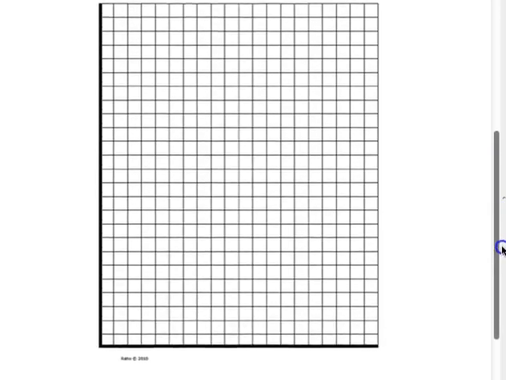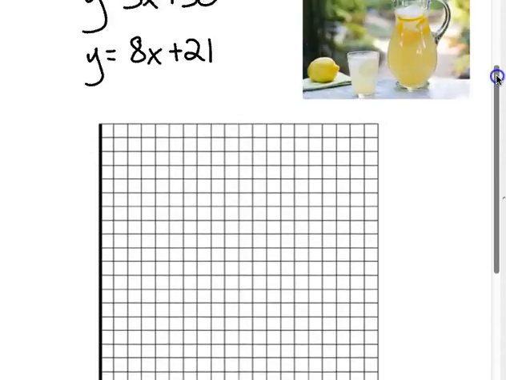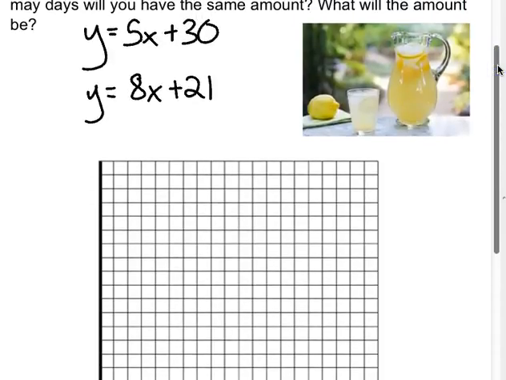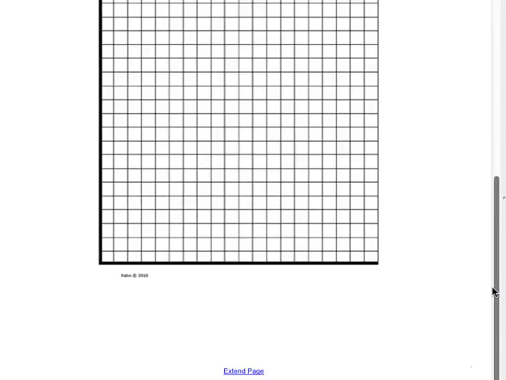So, we need to graph these. Now, obviously look at how high our y-intercepts are. So, we're probably not going to want to count by ones because we're never going to make it, okay? So here, I'm going to count instead by threes.